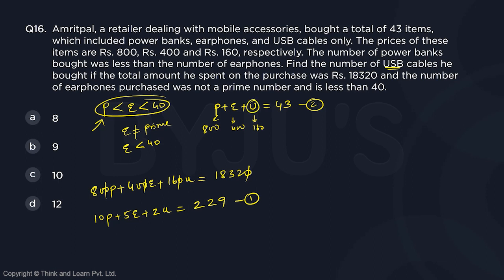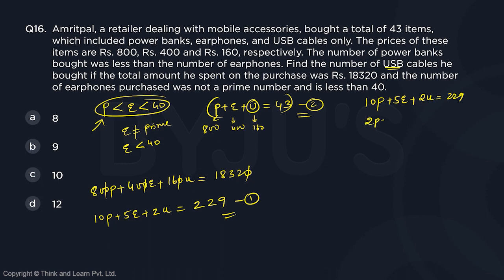Okay, now let's go ahead and take a look at it. If we want to manipulate these two equations and eliminate U from them, multiply the first equation by 2. So you have 10P plus 5E plus 2U equal to 229. Then this I'll multiply by 2.